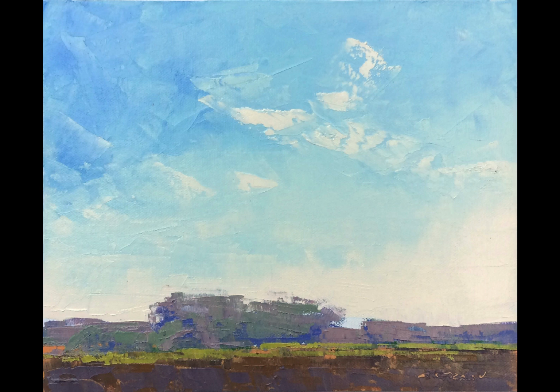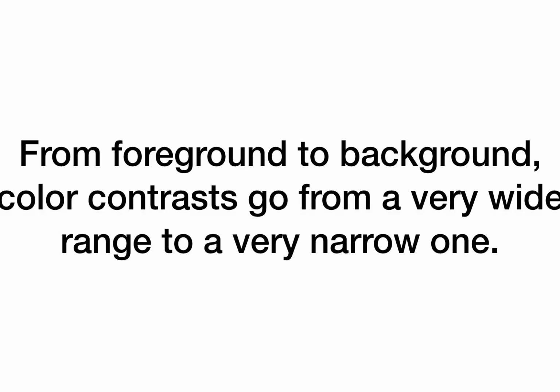But what's going to change is that you're going to have a reduced contrast as you go into the back from foreground to background. So I want you to remember, the correct thing to remember is from foreground to background, the color contrast goes from a very wide range to a very narrow one.